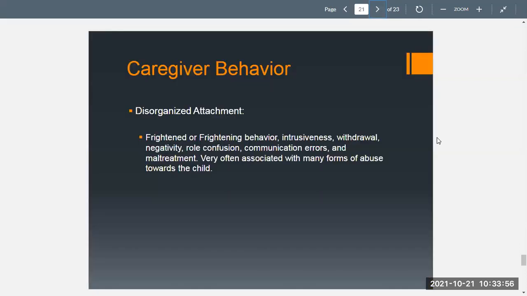So a caregiver behavior of someone who's disorganized attachment, this is a child that grew up frightened or experiencing frightening behavior from their parents or primary caregiver: intrusiveness, withdrawal, negativity, role confusion, communication errors, passive aggressiveness, maltreatment, very often associated with many forms of abuse towards the child.